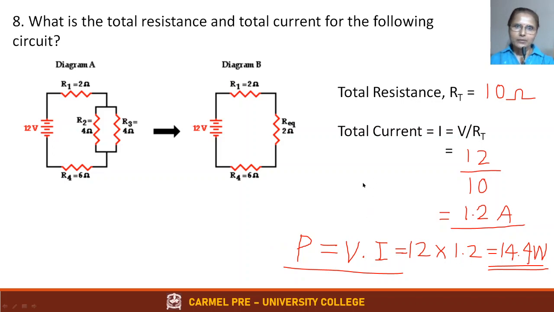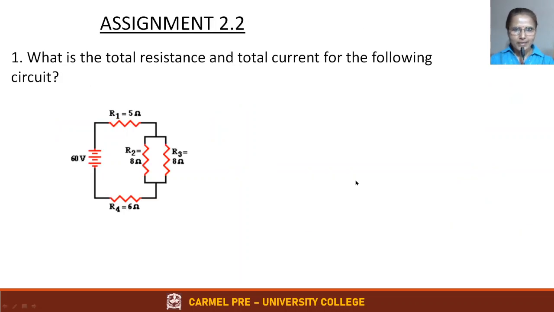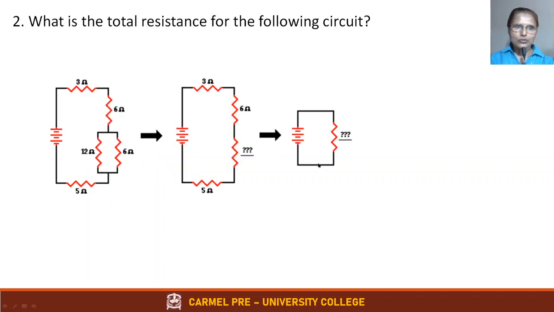Okay guys, please go through each one in detail, try to understand, and then you will be able to solve other problems also. So I have given an assignment for you like this. You have to find the total resistance and total current for this one, and also you have to find total resistance for this circuit.